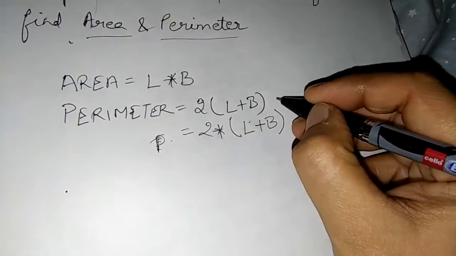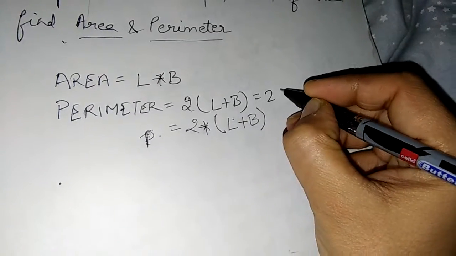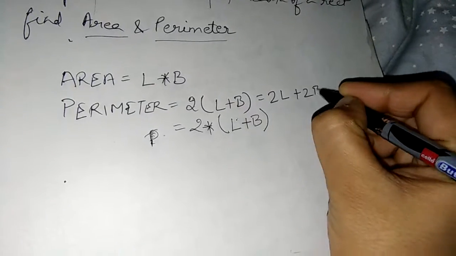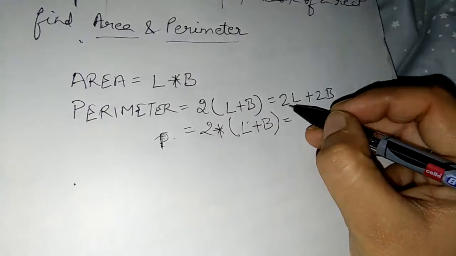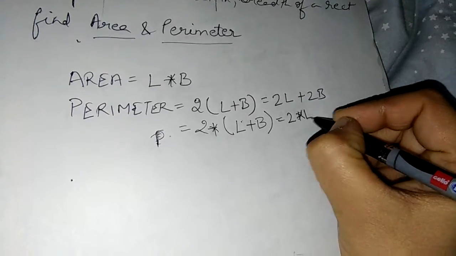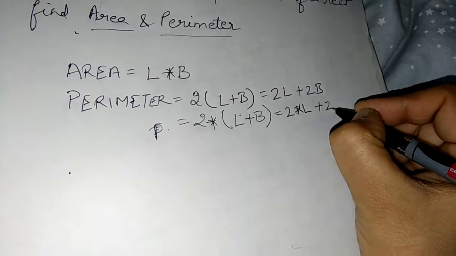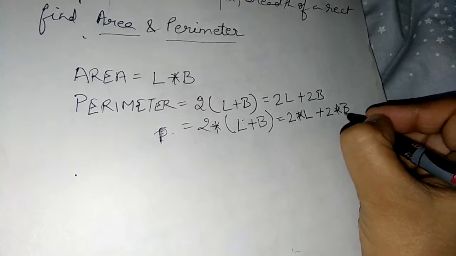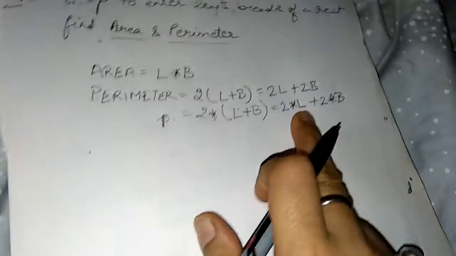Or you can also write 2L plus 2B. This is a formula, so don't worry, this will generally be given in your questions. A basic level question you should know.